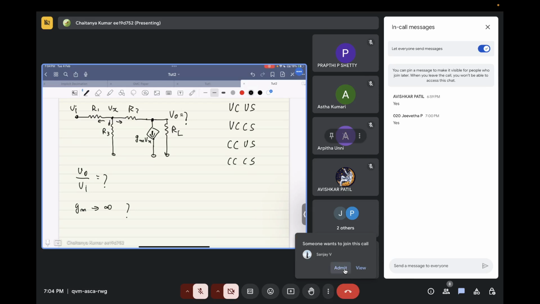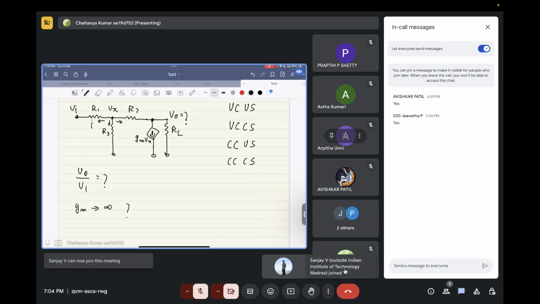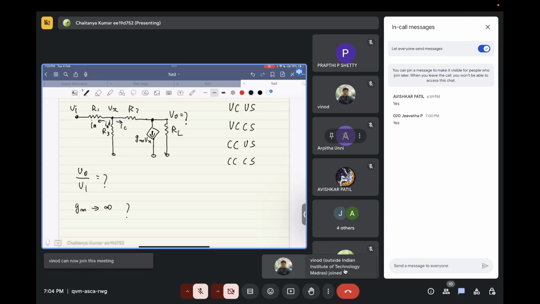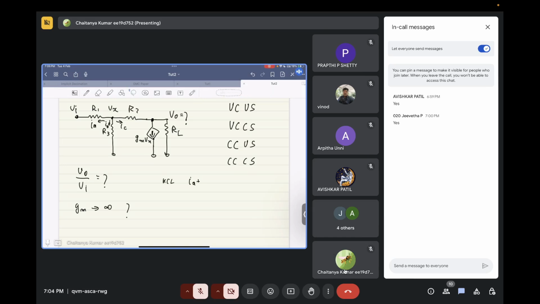You will have Ia, Ib, and Ic, correct? So what is the KCL at this node? I will use a different pen for the solution.